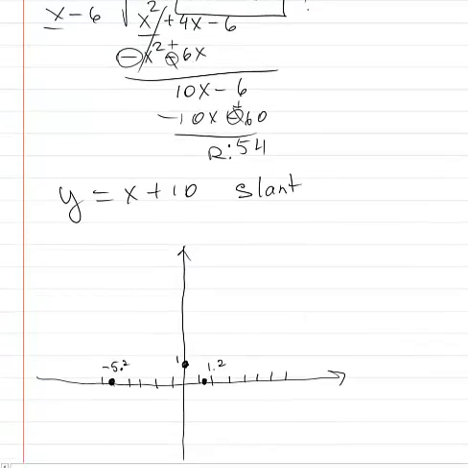So this is pretty close to here. The intercept is a little bit before the asymptote. We did not have a horizontal asymptote, but we have a slant. How do we graph a slant? That's the graph of a line. So 0, 10 is going to be somewhere here.